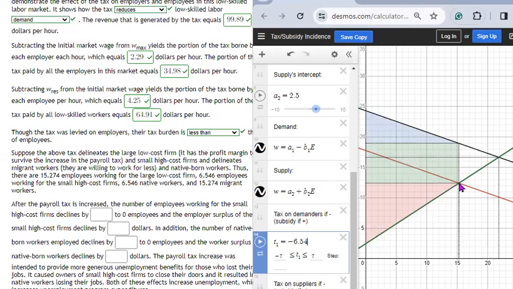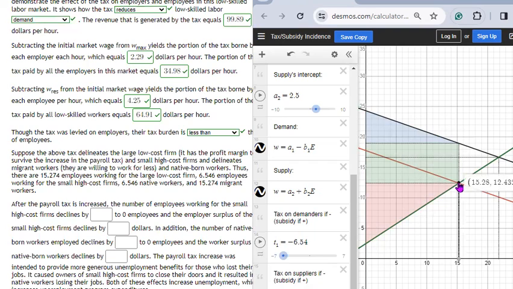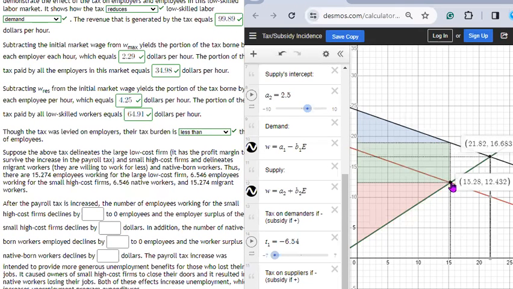Native-born workers, the lowest reservation wage of the native-born workers is thus 12.43, right? The highest reservation wage of native-born workers is 16.68, right? So all these workers on this labor supply curve are native-born.